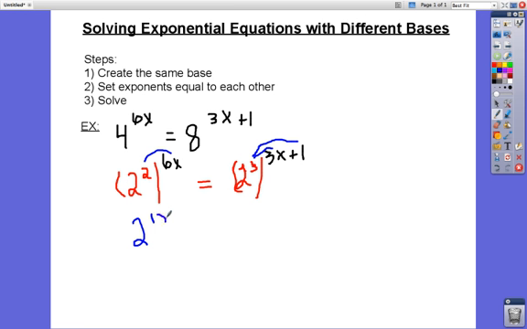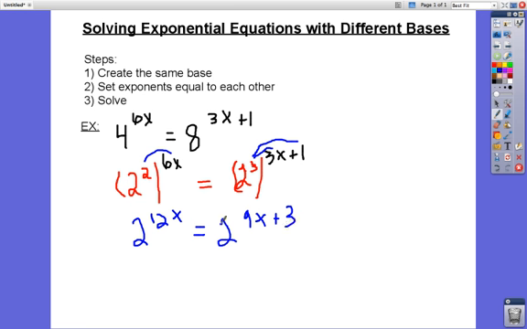So we have 2 to the 12x. And this equals 2 to the 3 times 3x, which is 9x. And we have 3 times 1 also. So that's a plus 3.